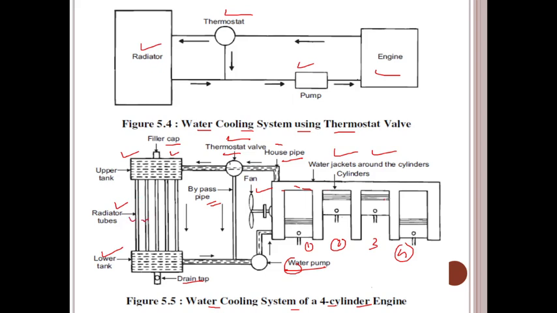The function of the radiator is to ensure close contact of the hot coolant coming out of the engine with the outside air. Air also flows this way, so there is contact to ensure a high rate of heat transfer from coolant to air. The heat is removed from the coolant passing through the radiator tubes with the help of the air.